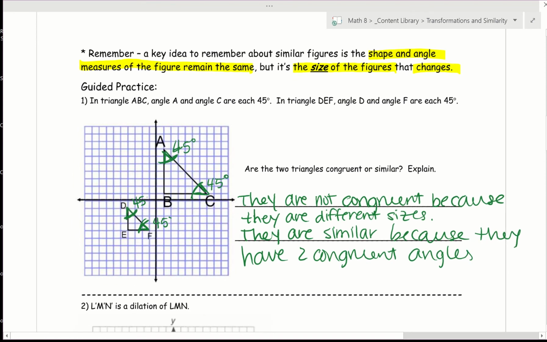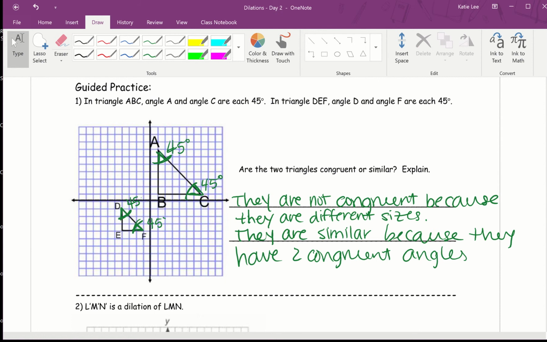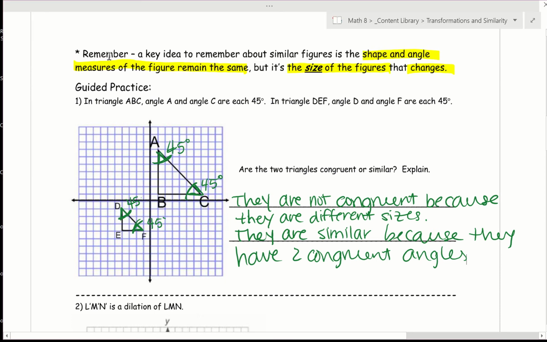And if you remember what we learned last year about triangles, a whole triangle has an angle measure of 180 degrees. So if this is 45 degrees and this is 45 degrees, 45 plus 45 is 90. 180 minus 90 equals 90.